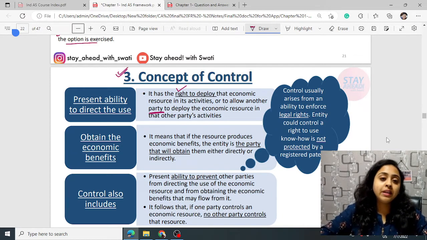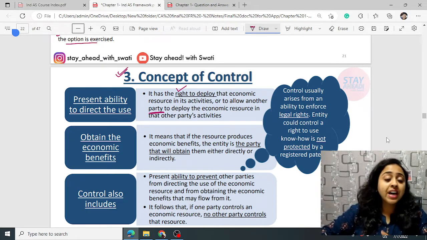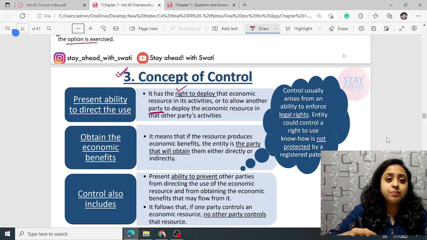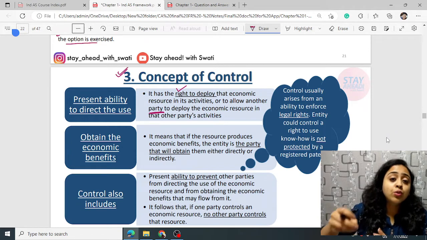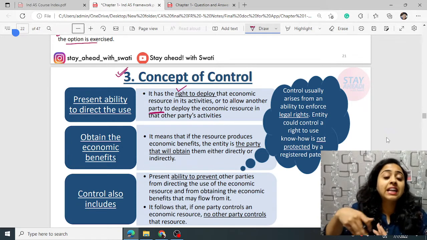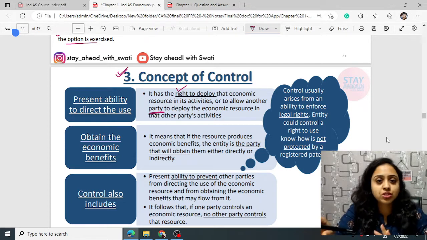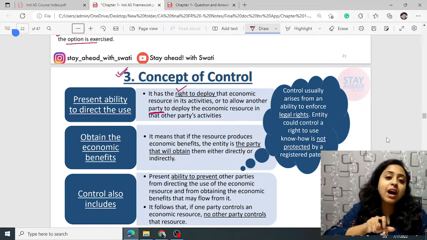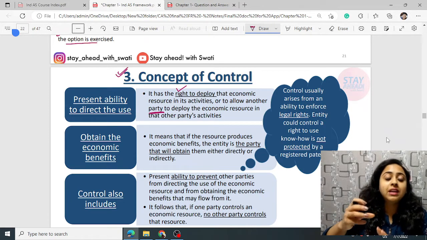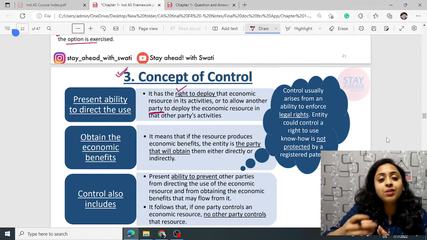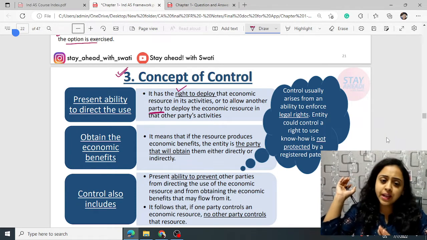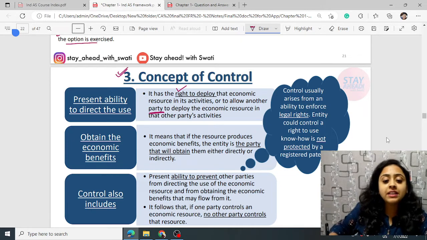You will be entitled to control if you have the power to use those resources, direct or control the use of those resources, or direct a third party to use those resources or not to use them. If you have that power, your entity will be said to be in control. Present ability to direct the use.